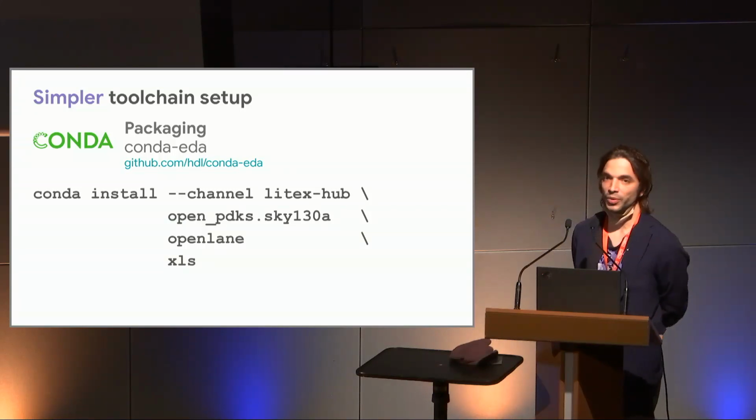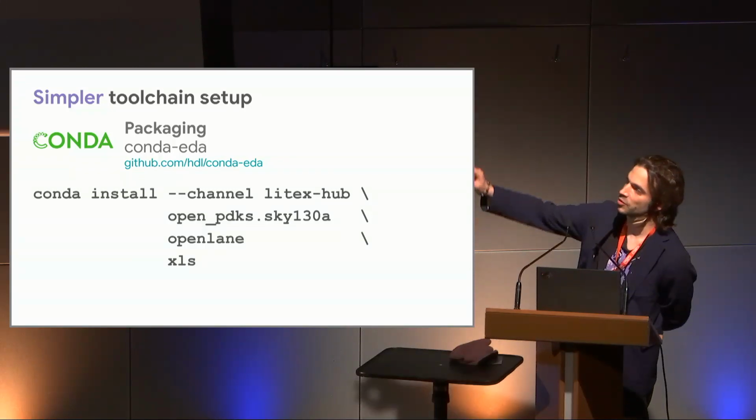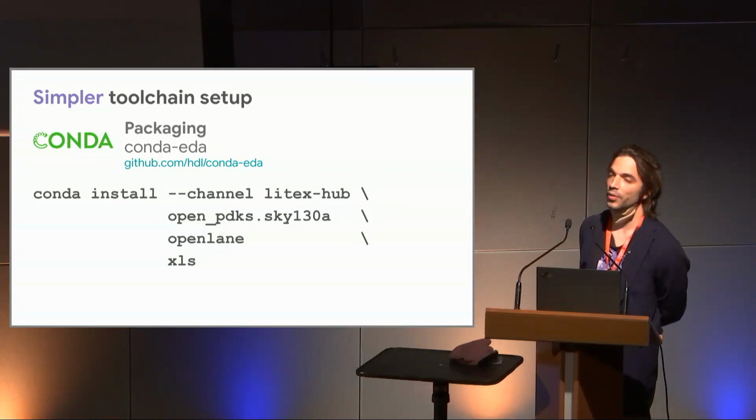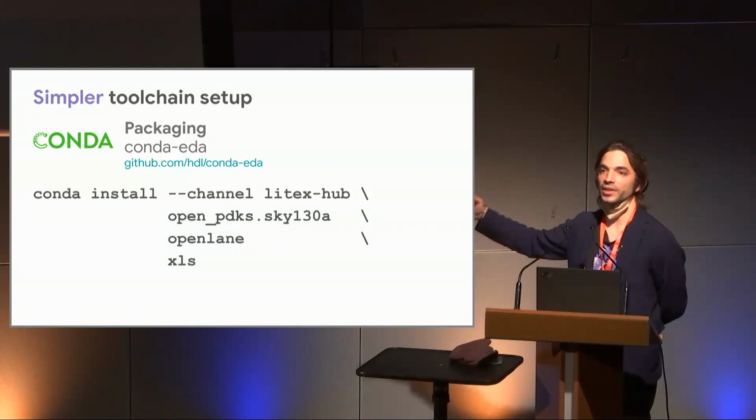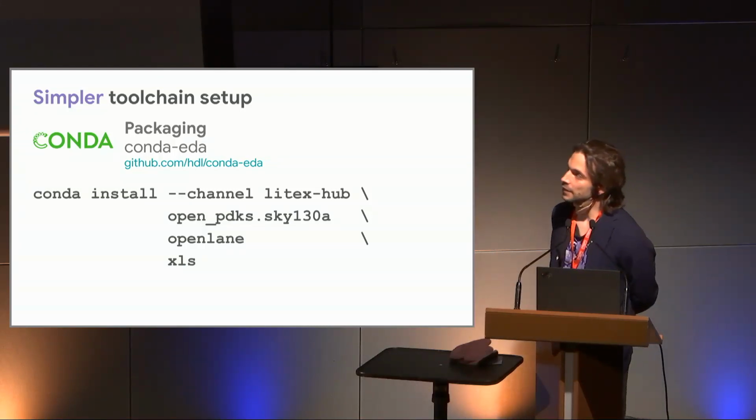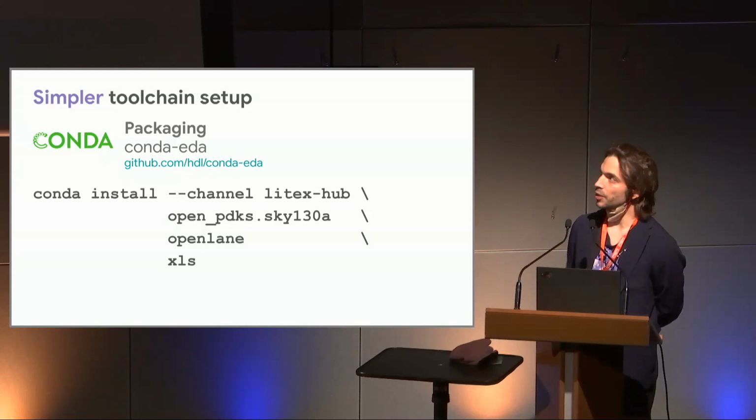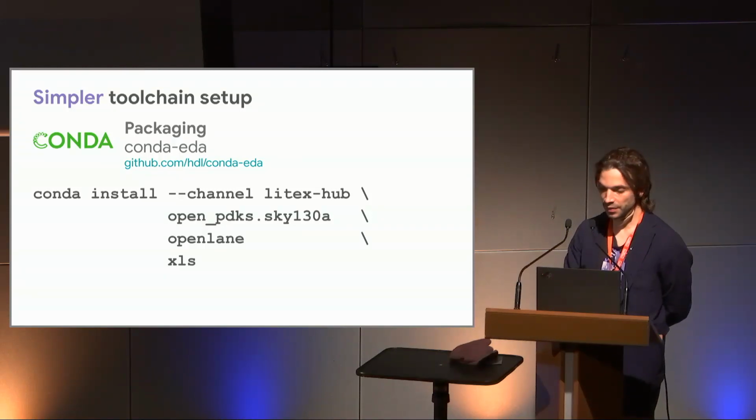So we made sure that we had Conda packages for all of those tools with properly set up dependencies. Here you can see I'm just depending on OpenLane and the PDK is bringing all the tools that I mentioned before. And that was a really great way for us to accelerate this.